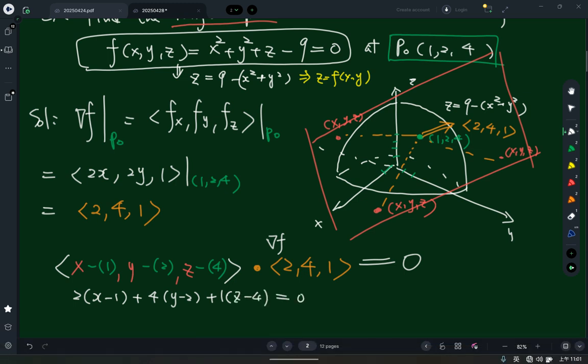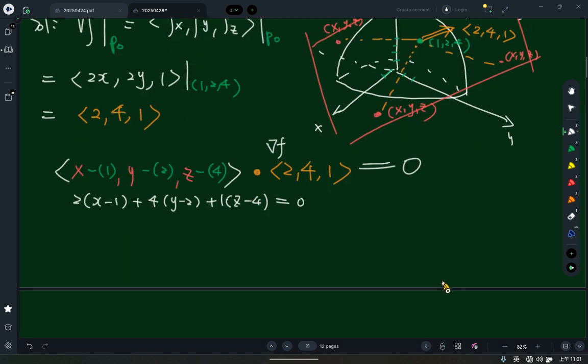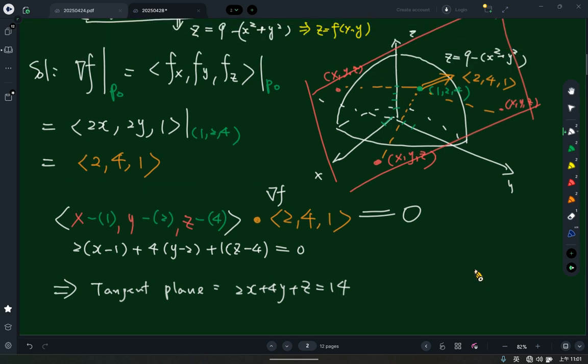Finally, we can get the tangent plane, which will be 2x plus 4y plus z is equal to 14. This is the answer for the first subquestion.